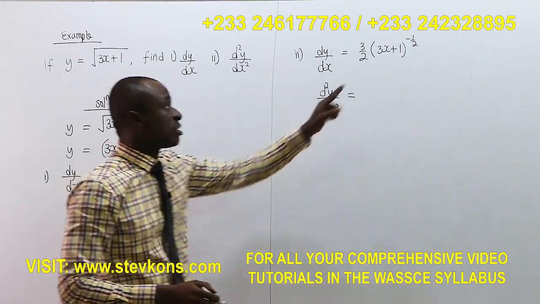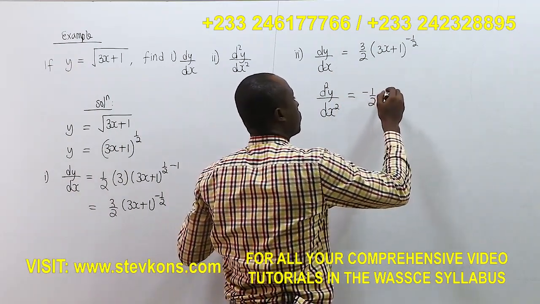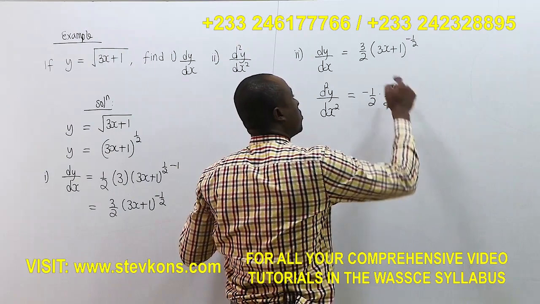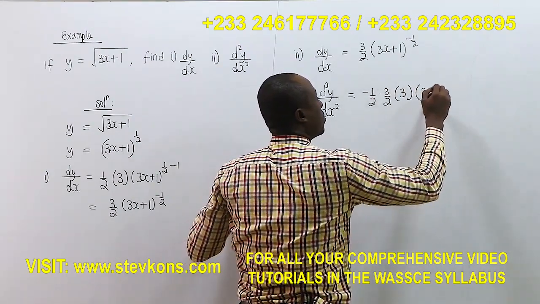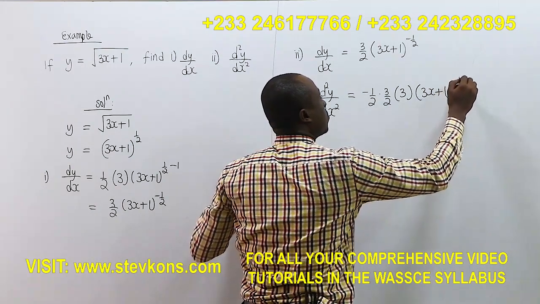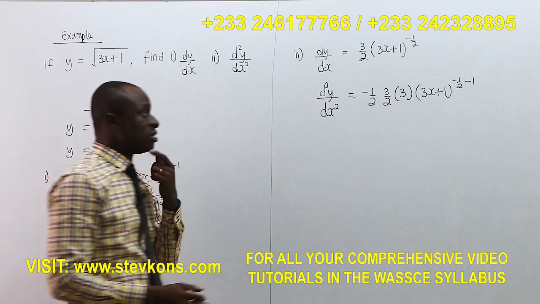So the n has to come down. We have negative half. Differentiate the inner one. Reduce the whole thing by 1.